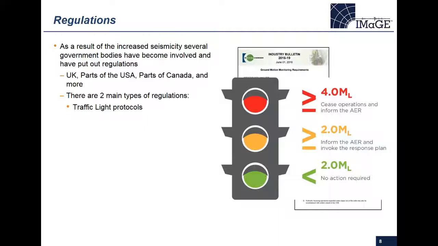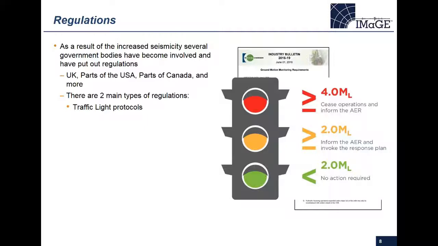And at this point, the operators need to, first of all, inform the regulatory body, but they also need to invoke their response plan, which was in place before the start of operations. So this response plan is going to be unique to each operator and can vary from reducing the rate or the volume to taking longer breaks in between stages or skipping stages entirely.